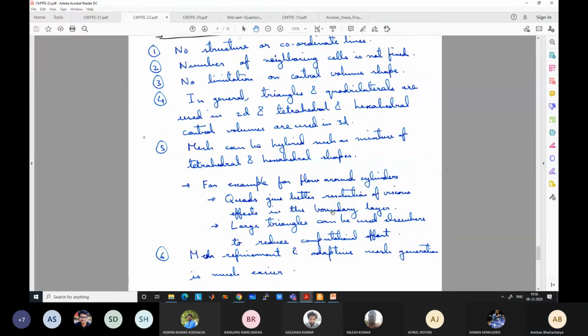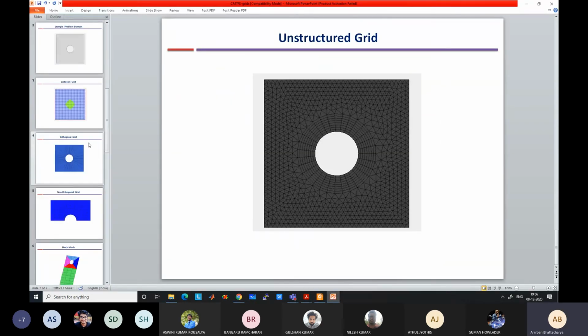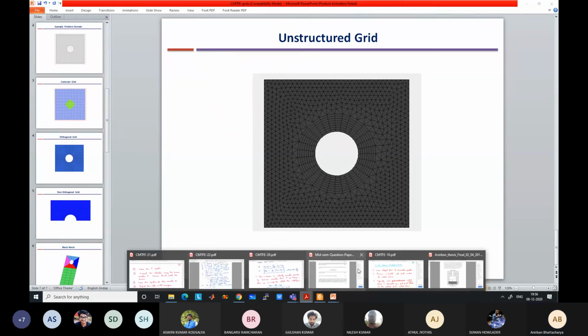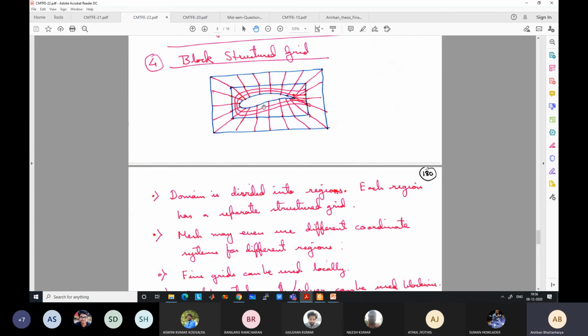Another important point is that now you can locally refine the mesh. For this aerofoil structure that we were studying, if I want the mesh to be very fine only at the leading portion and at the trailing tip, to capture the effect of, say, vortex shedding, I can locally fit a lot of triangles there, but further away I need not have a large number of triangles.